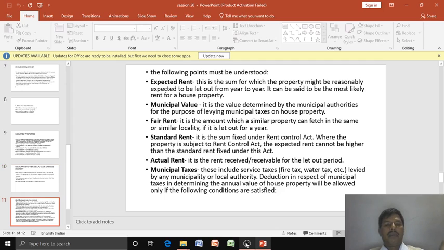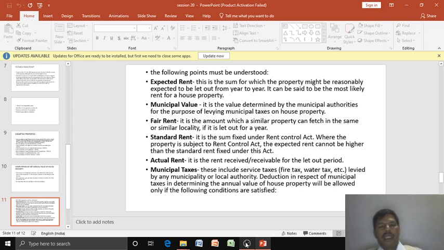There are some basic elements that we have to understand, the basic terminologies. That is expected rent: it is the rent reasonably expected to be let out from year to year. Municipal value: it is the value determined by the municipality or municipal authorities. Fair rent: it is the amount which a similar property can fetch in the same or similar locality if it is let out for a year.